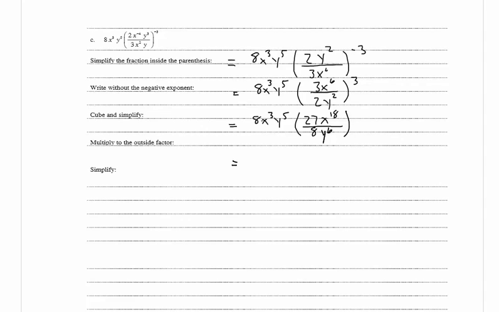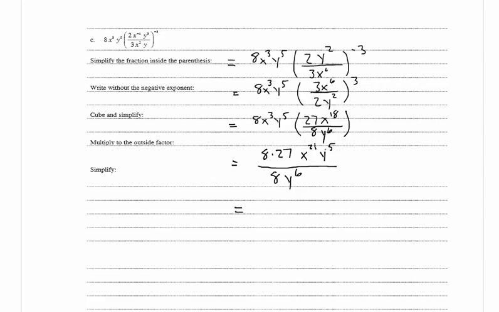So we have 8 times 27, and we have x cubed times x to the 18th is x to the 21st times y to the 5th divided by 8 y to the 6th. And now 8 divided by 8 is equal to 1.